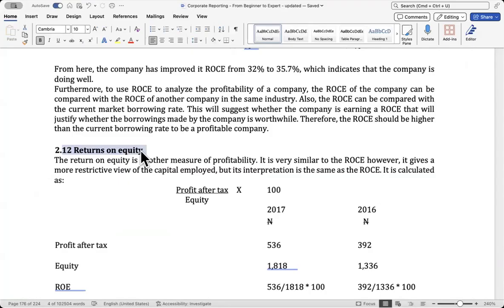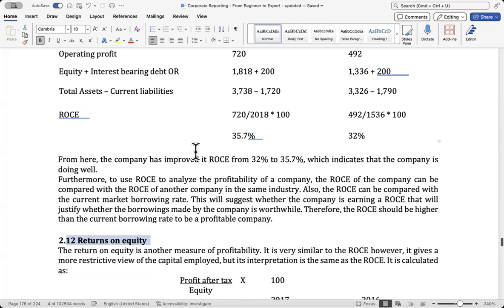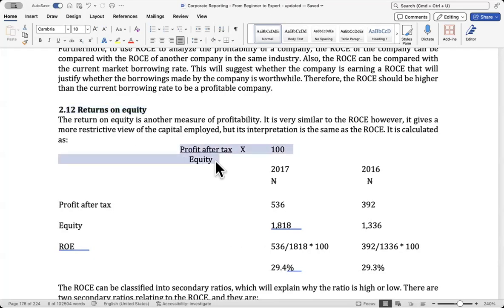The only difference is that return on equity focuses on the return or profit an entity is able to generate from its equity capital, which is why it is profit after tax over equity.